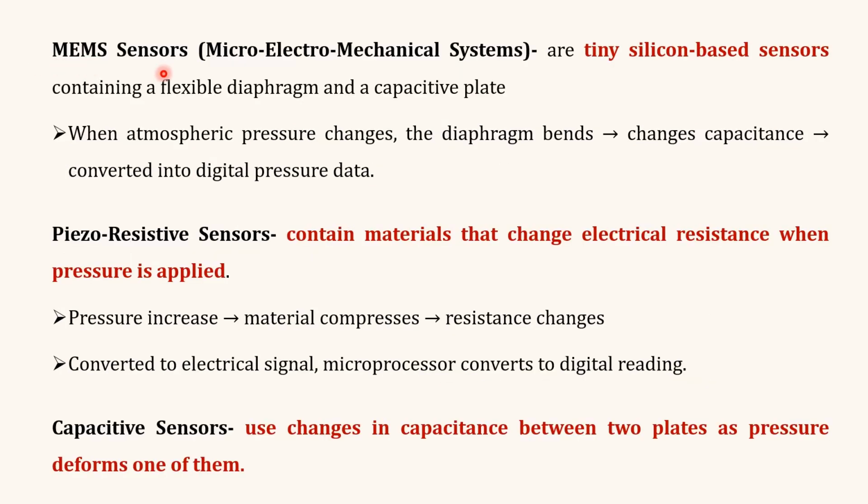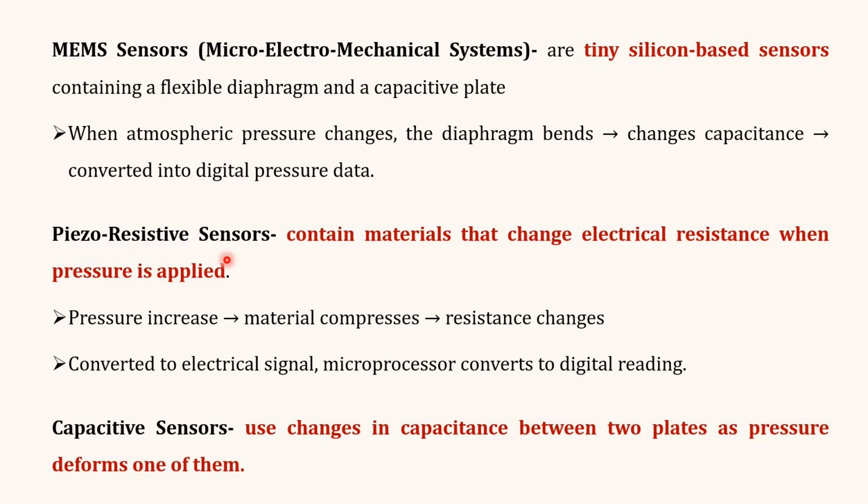MEMS sensors, that is micro electromechanical systems, are tiny silicon-based sensors containing a flexible diaphragm and a capacitive plate. So when atmospheric pressure changes, the diaphragm bends, which changes the capacitance, and it is converted into digital pressure data.